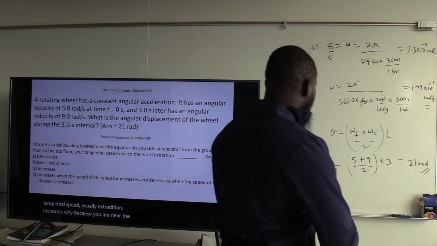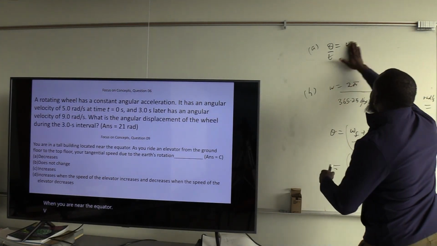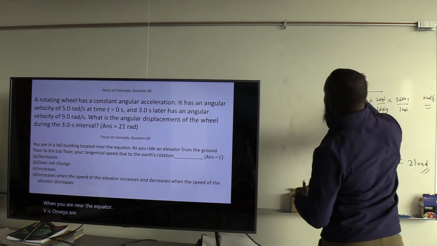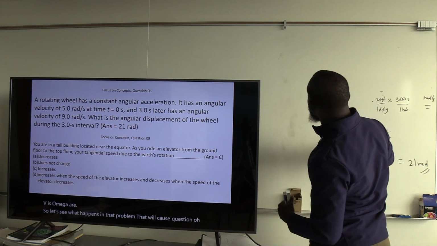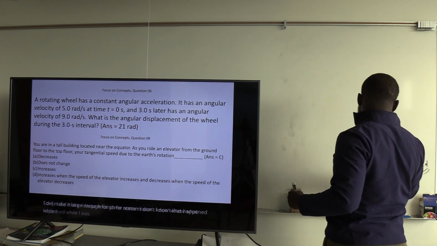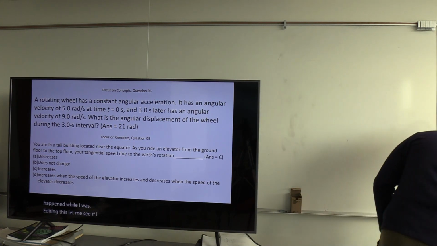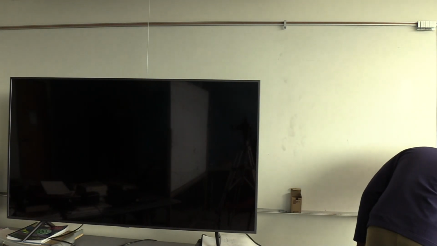So when you are near the equator, V is omega R. So let's see what happens in that problem. That's focus question 09. Sorry, I didn't make it large enough. For some reason, I don't know what happened while I was editing this. Let me see if I can make it large enough now for you guys to see.